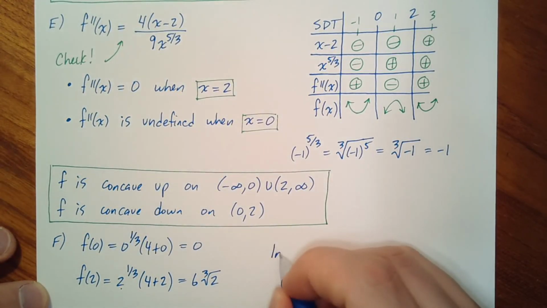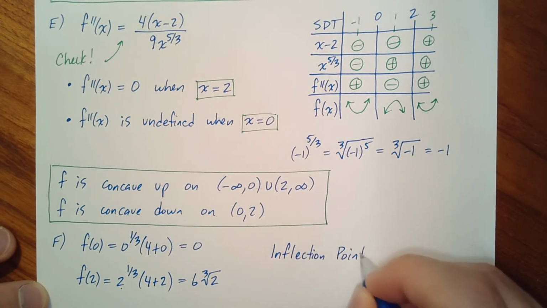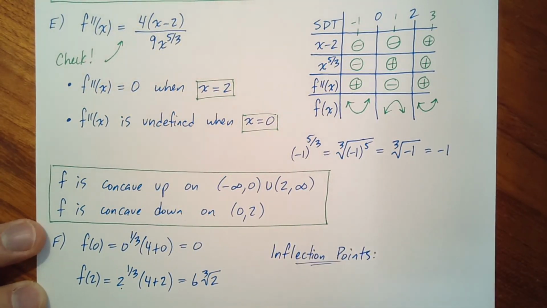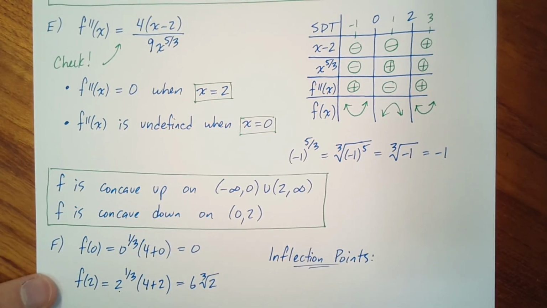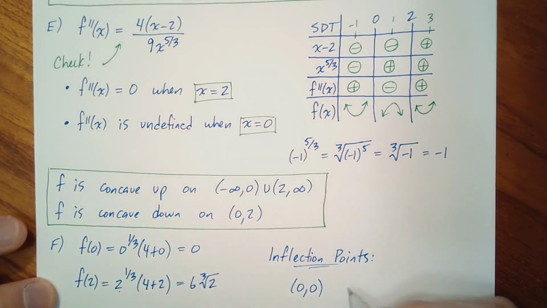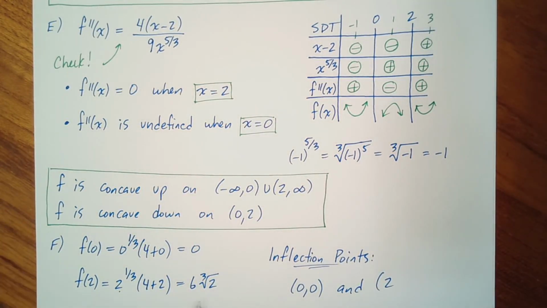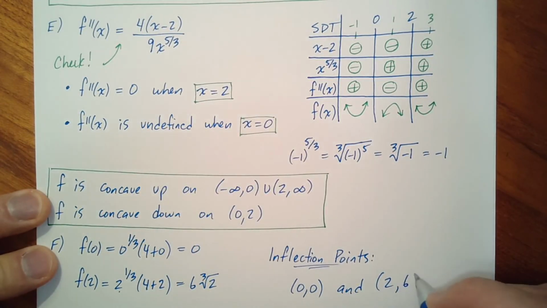So let's summarize our inflection points now. So we've got one of them at the origin, right? F of 0 is equal to 0, so the origin was one of the inflection points. And the other inflection point had an x coordinate of 2, right, up here, and we plugged it into the function to get 6 times the cube root of 2 as the y coordinate.